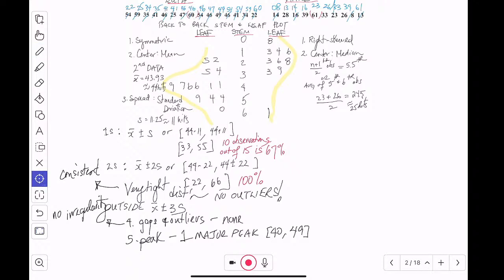Oh, the 2S is 2 standard deviations. We calculated standard deviations here. So 2S means 2 times 11, so 22. So it's 44 minus 22, 44 plus 22. Is that better?